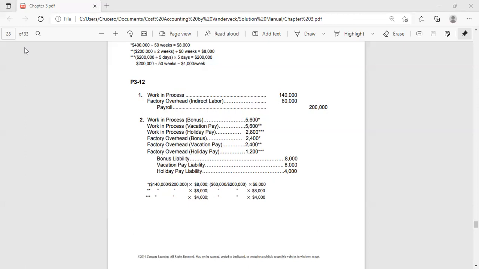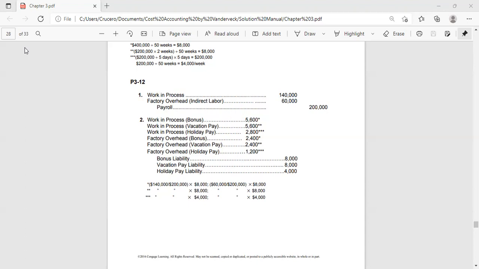It depends on whether the workers receiving the bonus involve direct workers, then we charge it to work in process. However, if they involve indirect workers, then we charge it to factory overhead.